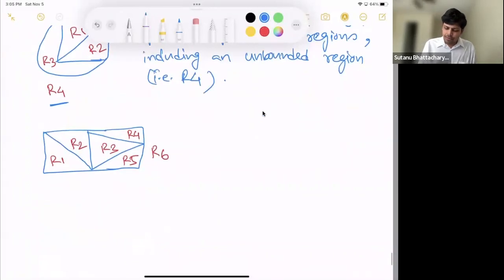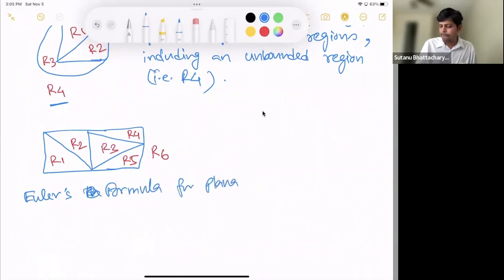And here we'll have one theorem, Euler's formula for planar graphs.